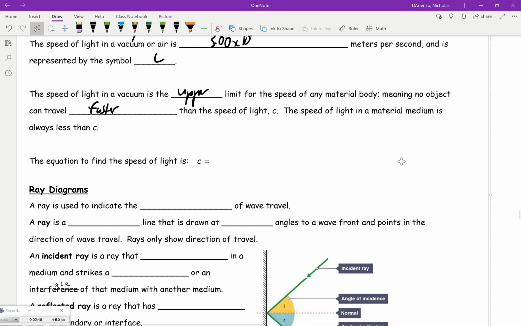As I just mentioned, the speed of light in any medium that contains matter is always going to be less than c.